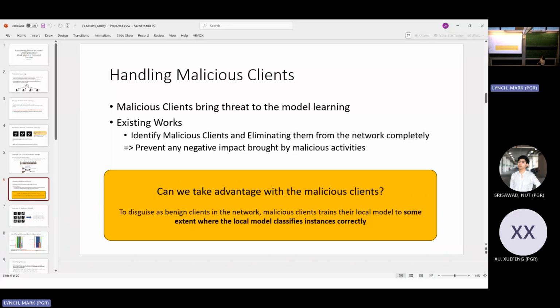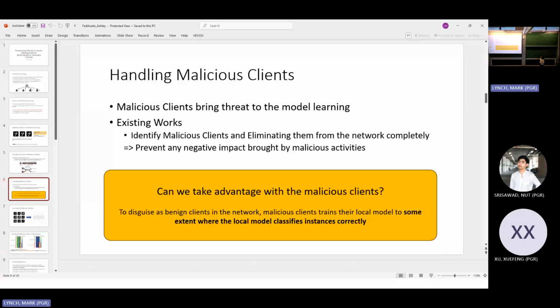However, I was thinking, can we actually take some advantage of these malicious clients? Because these clients are hiding inside the network, it also means they are actually useful for learning, because they correctly classify data without any triggers.